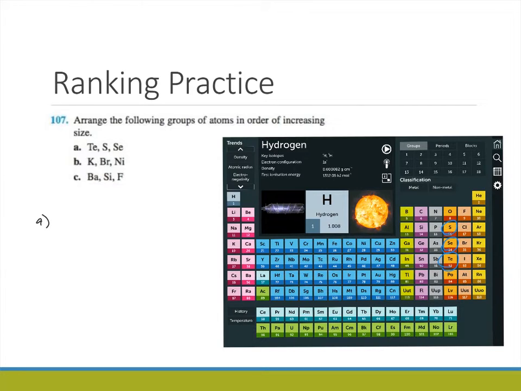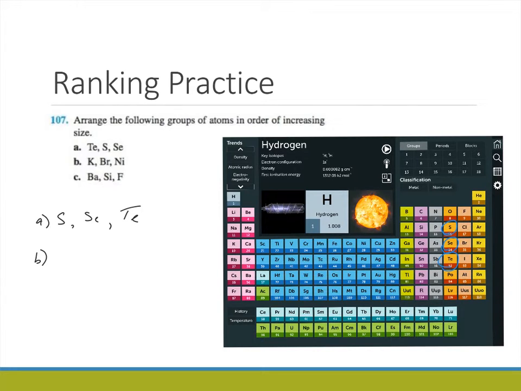Okay, so we know that as we go down a family, the size is going to increase. So the one at the lowest would be tellurium, so that would be the largest. That means, if I read the question again, in order of increasing, that would mean that sulfur was the smallest, selenium would be next, and tellurium would be after that.